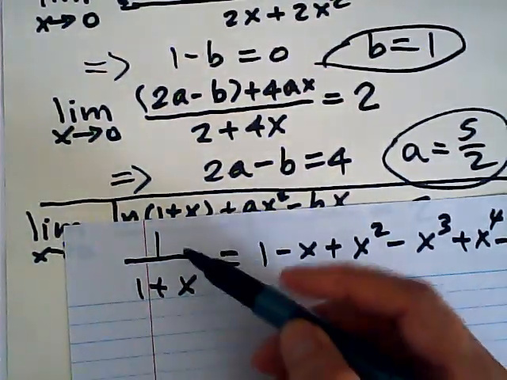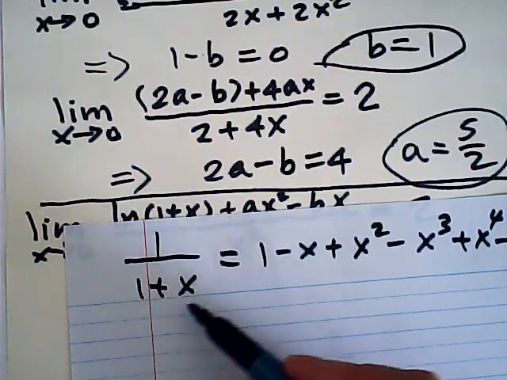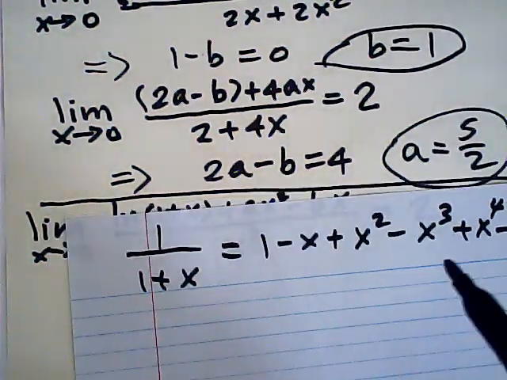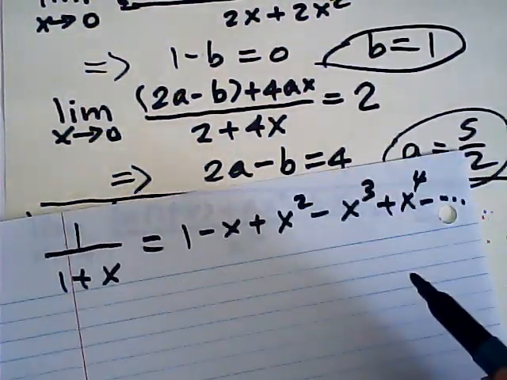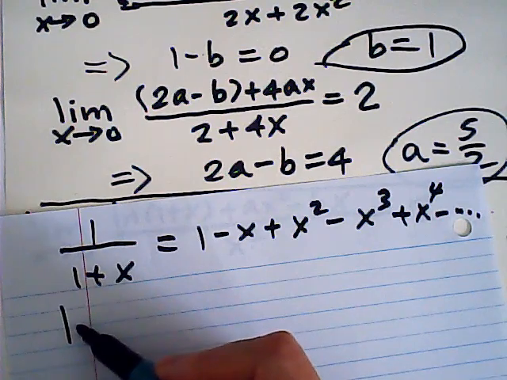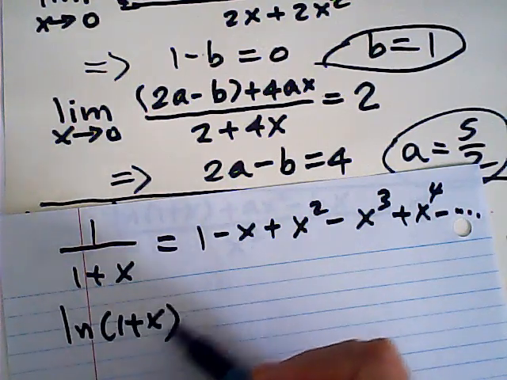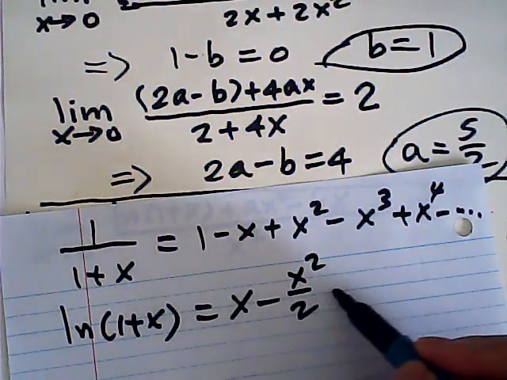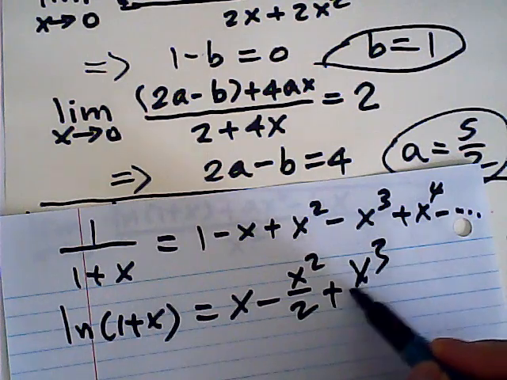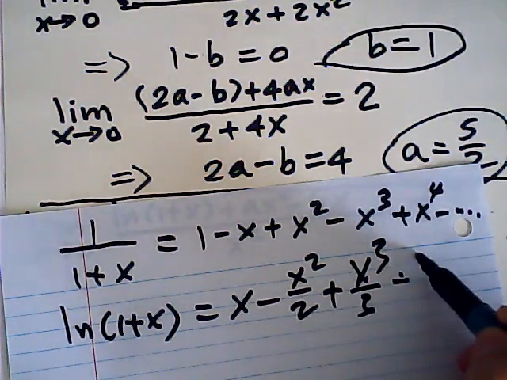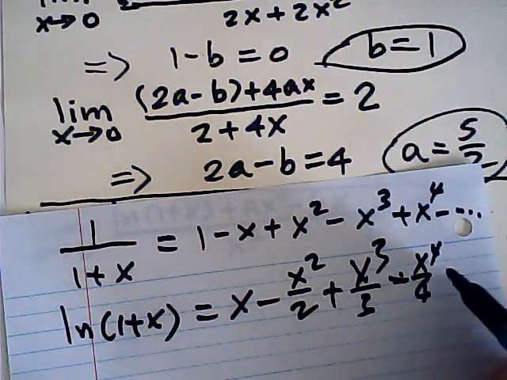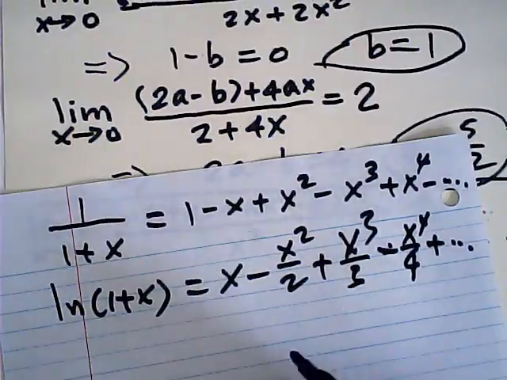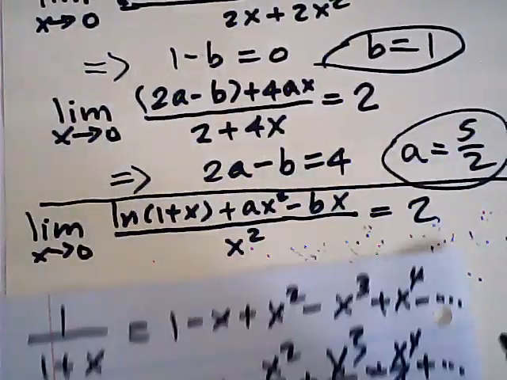Then you integrate both sides. This side would be log of 1 plus x. That side would be x minus half x squared plus x cubed over 3 minus x to the fourth over 4 plus, and so on. See, we have the series.